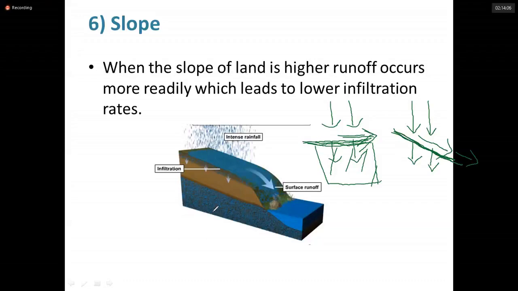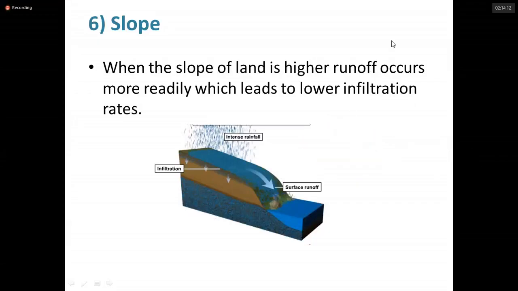So at that time, the runoff loss is very high. So this slope also affects the infiltration rate. So this is what I want to share with you. This is the infiltration portion.